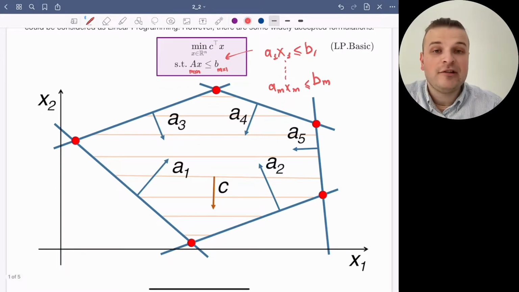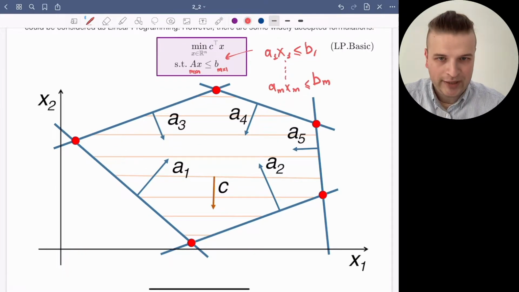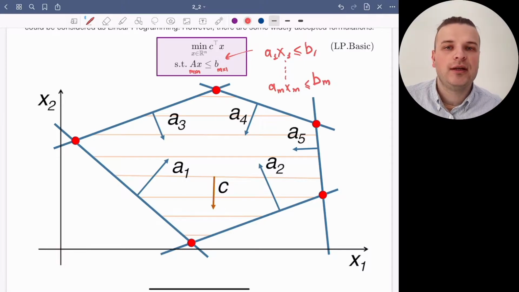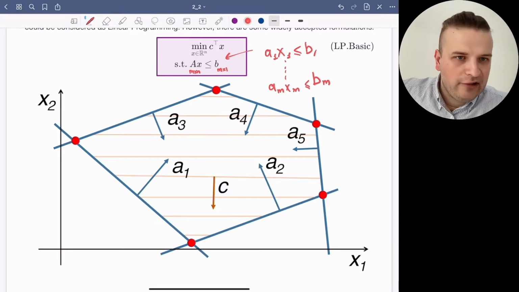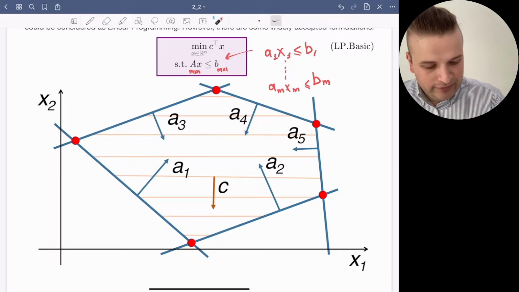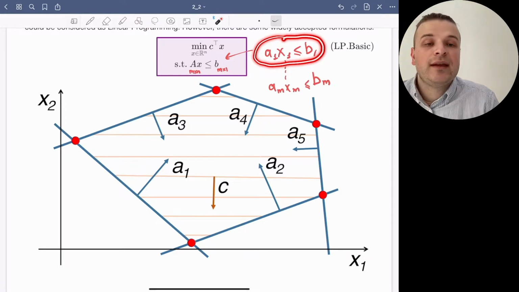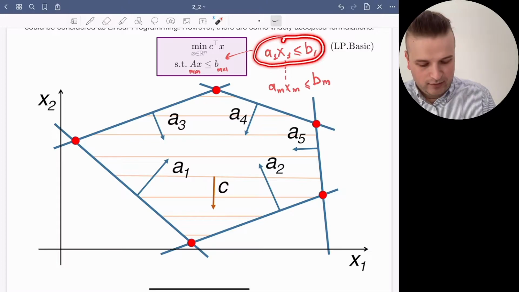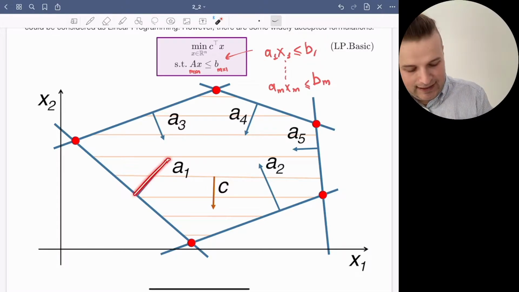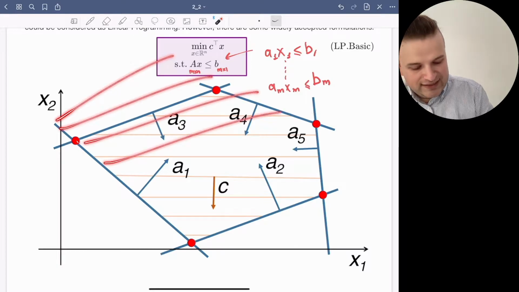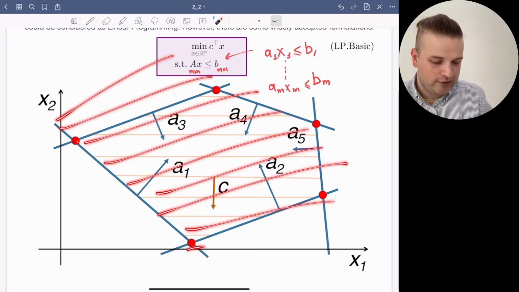And if we illustrate it on a plane, we'll have several hyperplanes or even half planes. Take a look at this. For example, this inequality stands for a half plane in this figure. For example, this vector a1, you have this solution for the first inequality.